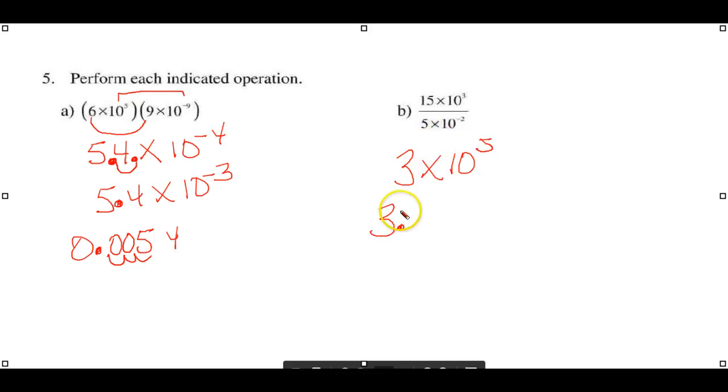Well, we have to move it 5. So there's none in a sense. So 1, 2, 3, 4, 5. Move it over 5. And there's our answer. Okay, by the way, this was scientific notation, and this is standard notation. All right, one more lesson to go.